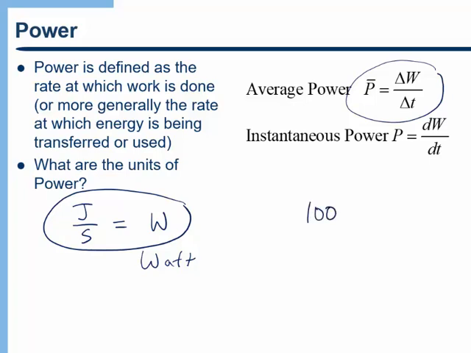Light bulbs are rated in watts. If I've got a 100-watt light bulb, that light bulb is using 100 joules of energy for every second that it's turned on. So if you have a 100-watt light bulb turned on for 10 seconds, you've just used 1,000 joules of energy.